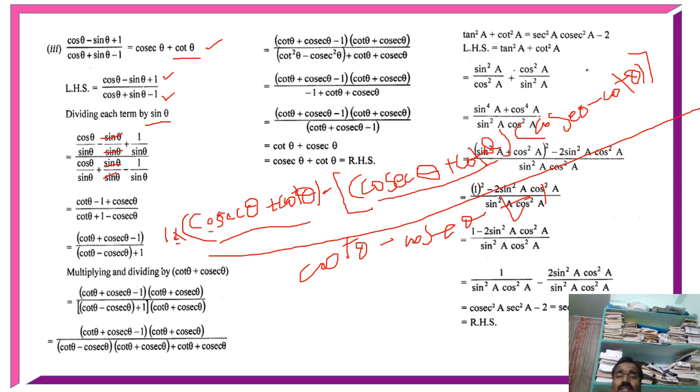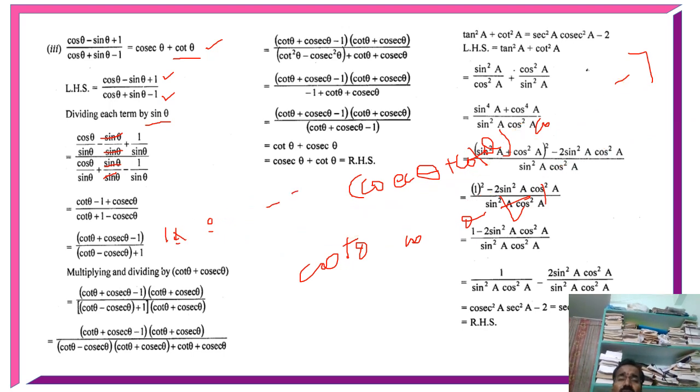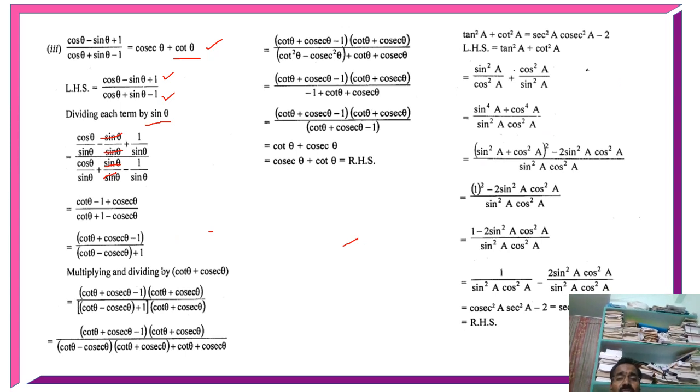In this numerator these two are common. If you factorize, these two cancel. So cosecant theta plus cot theta is factorized.